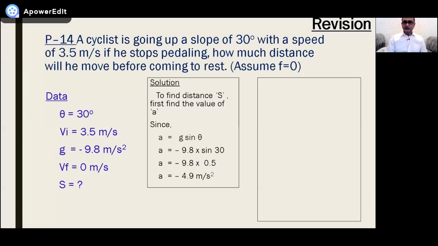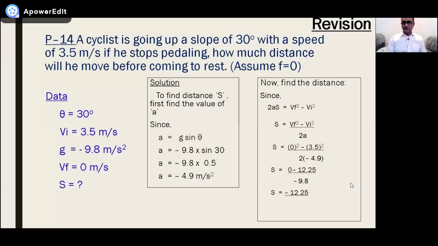Then the distance we found by using the formula 2AS is equal to VF square minus VI square. And finally, we got the result 1.25. It means the cyclist would cover only 1.25 meter after he stopped pedaling.